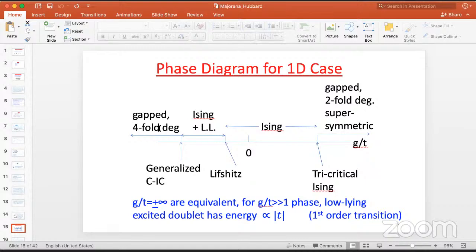And then for large enough negative G, we get this gapped fourfold degenerate state that I showed you in a previous diagram. And for large enough positive G, we get the gapped twofold degenerate state. So the mean field theory turns out to be correct. And if we go to infinite G, so T is 0, then G and T are equivalent. So we have equivalent phases here.